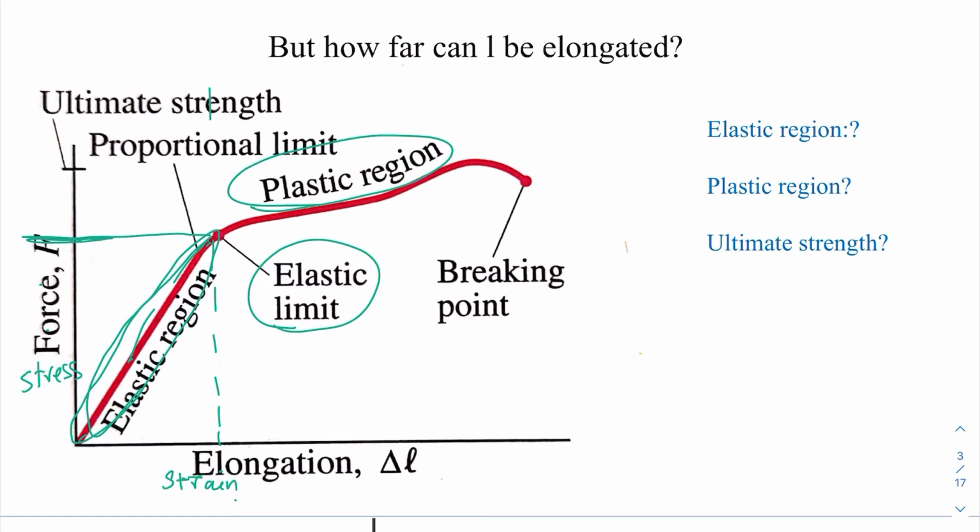It means the elongation is no longer proportional in a linear way with the force. If we apply a little bit more force, let's say F prime, the elongation will be much greater than the amount of increase in force. So they are not proportional in a linear way.